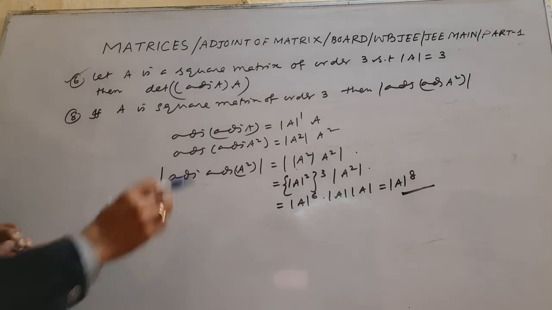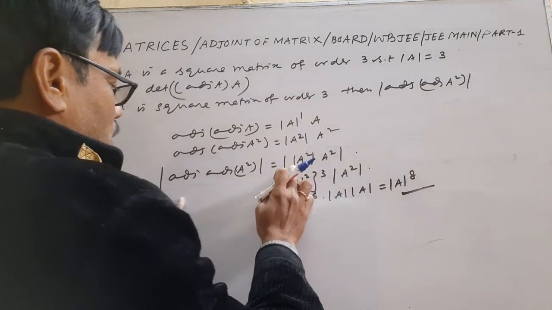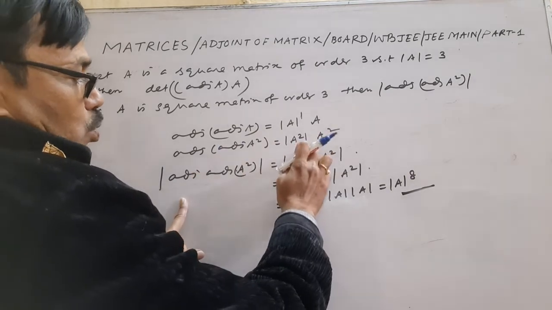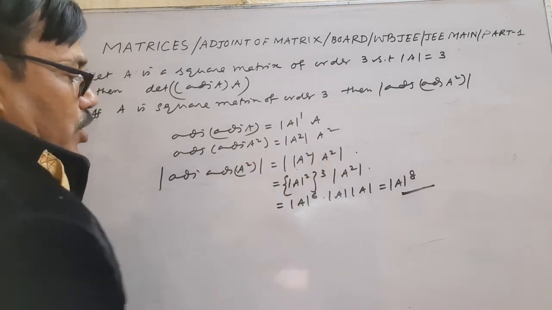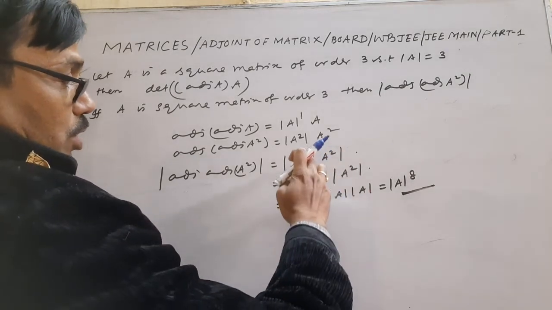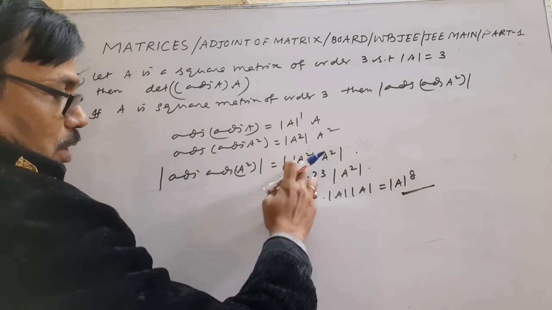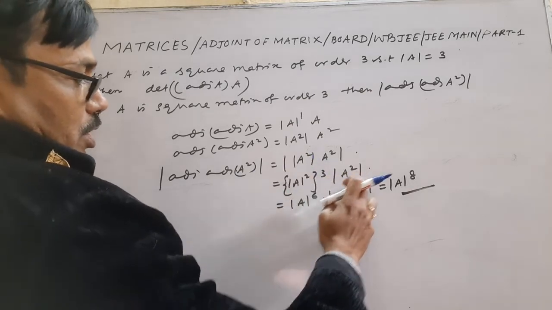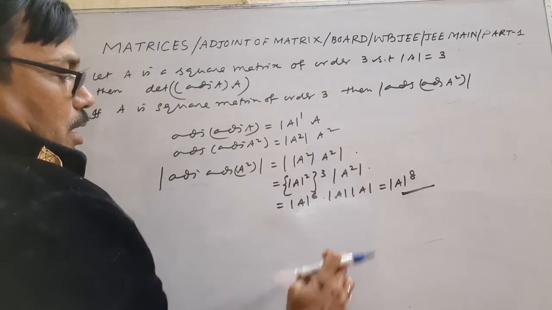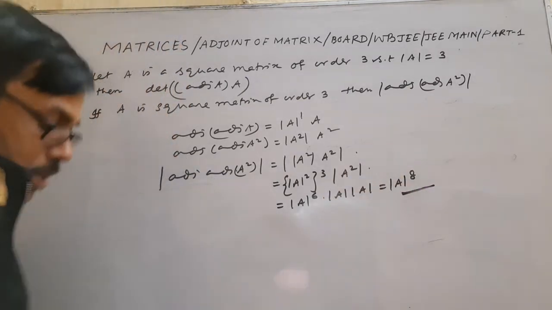So look at it again. Adjoint of adjoint A square. So adjoint A square to the power 3 minus 2, that is 1, and A square unchanged. Then K into determinant A equals K cube. Order is 3. So this is constant. This plays role of K into this. Determinant A square into determinant A. So A to the power 8.